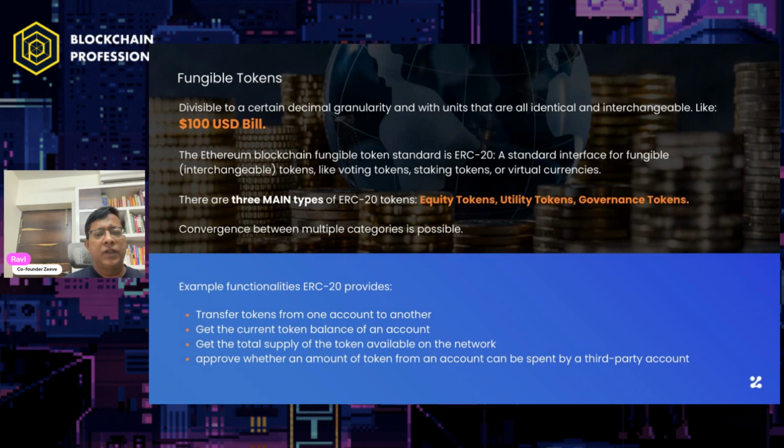It may be some other assets. Like in the case of stable coins, USDT, USDC, it is backed by fiat. So these are fungible tokens. And there are three types of fungible tokens based on the utility or the types. One is the equity token, second is utility token, and third governance tokens.